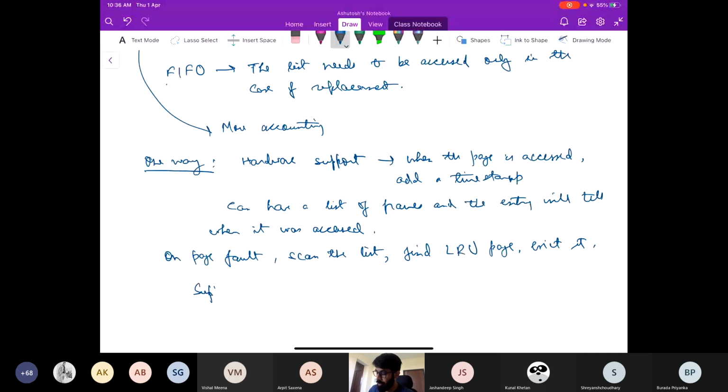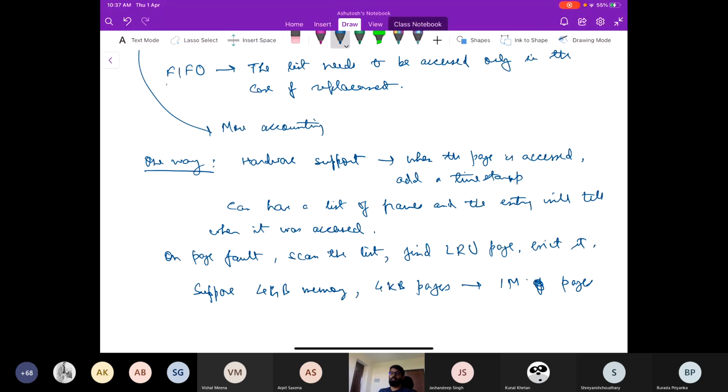But again, this is going to be very inefficient. So suppose you have 4 GB memory, 4 KB pages, a typical scenario. So you have 1 million, or 1 mega, of pages.